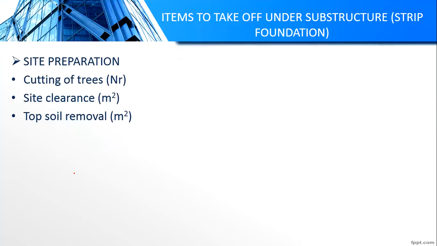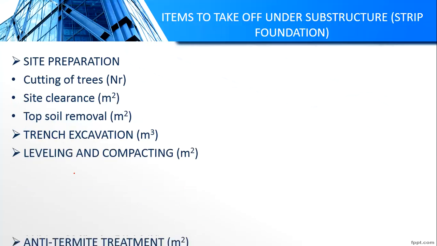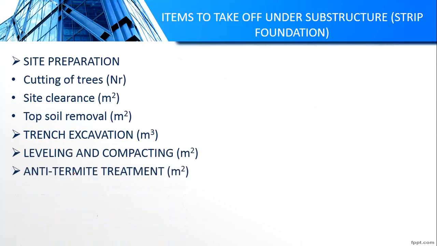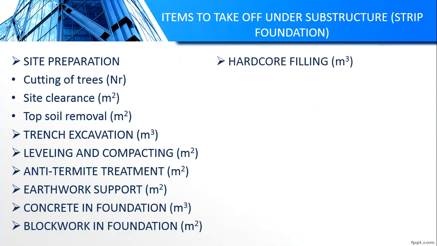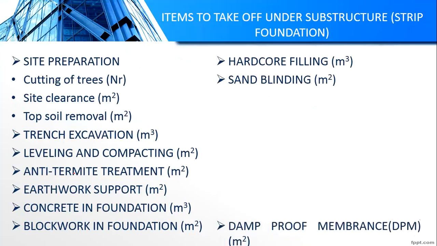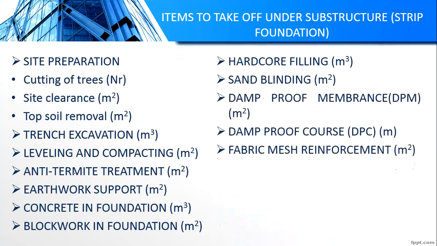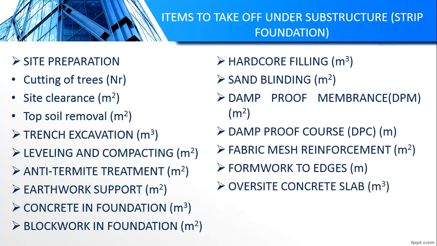After site preparation, we have trench excavation, leveling and compacting, earthwork support, anti-damage treatment, concrete in foundation, block work in foundation, hardcore filling, sand blinding, DPM, DPC, factory mesh, formwork to edges and oversized concrete.